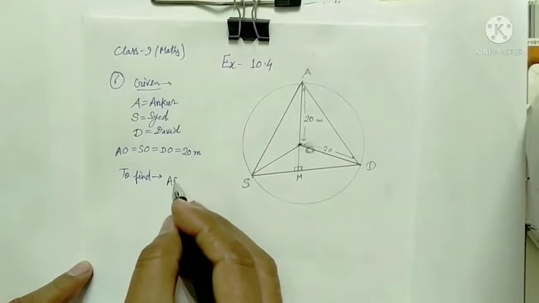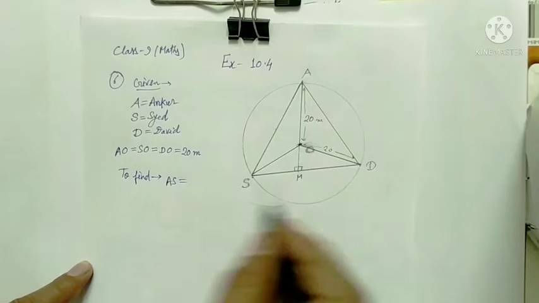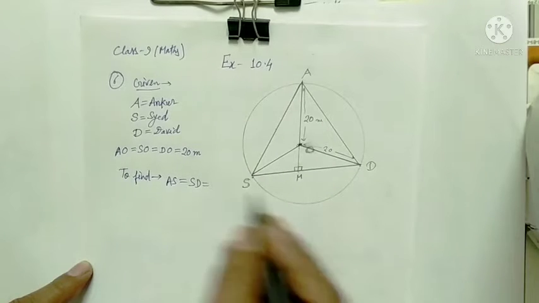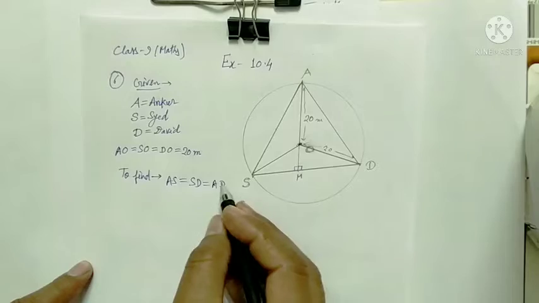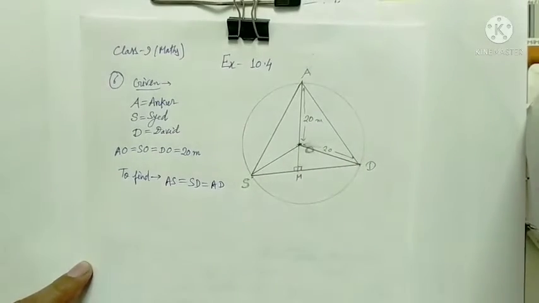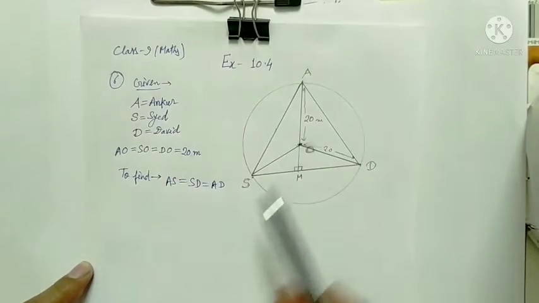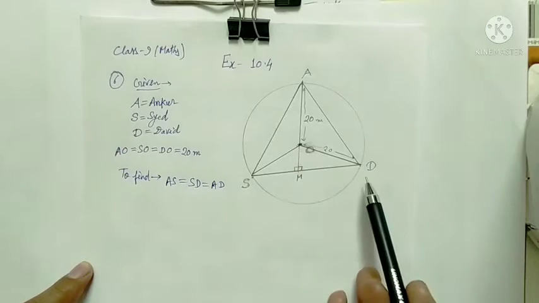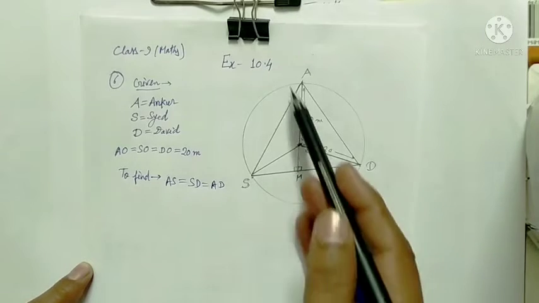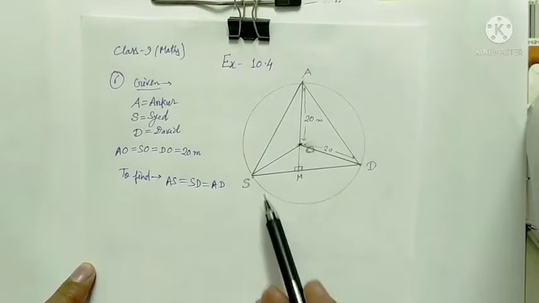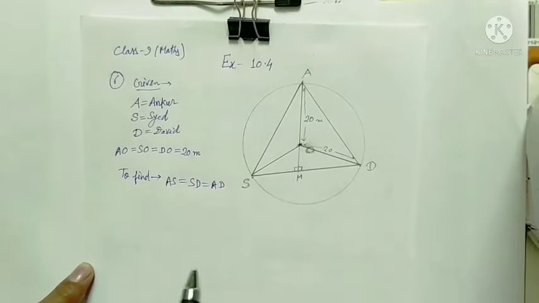AS is equal to SD is equal to AD. Actually this is an equilateral triangle because it is given in the question that they are sitting at equal distance from each other. So the length of string should be equal. It means it is an equilateral triangle.